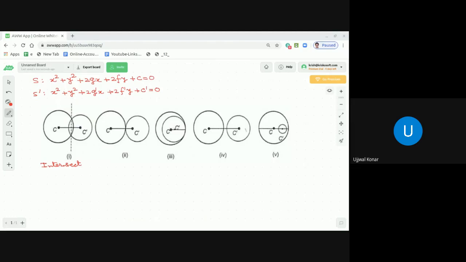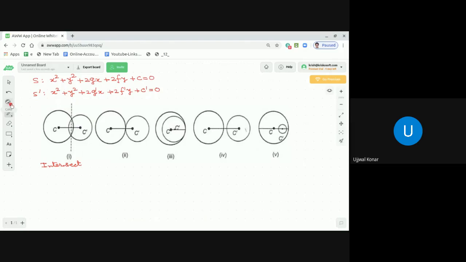Now, when these two circles are intersecting each other, think about what we are going to find. We are going to find the distance between the centers, that is C C dash, and how it is related with the corresponding radii. We are assuming the centers of these two circles at the points C and C dash.